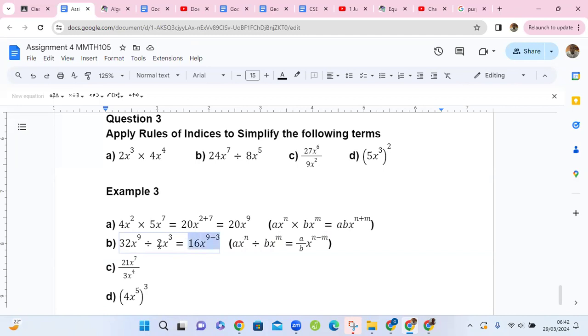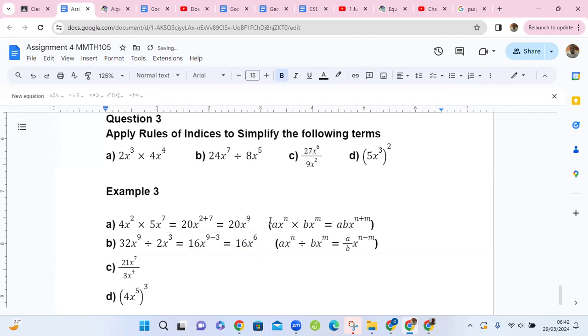So we subtract the exponents, subtract the powers. 9 minus 3 will give us 6. Powers is an easier word to mention than exponent. So you can say subtract the powers.